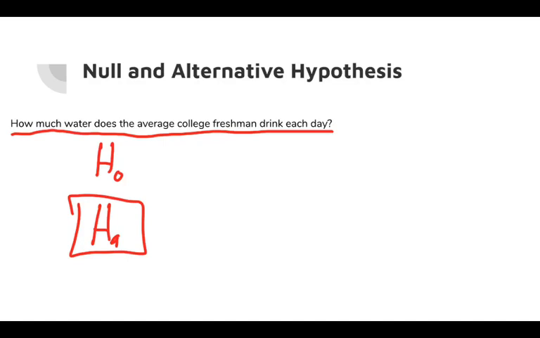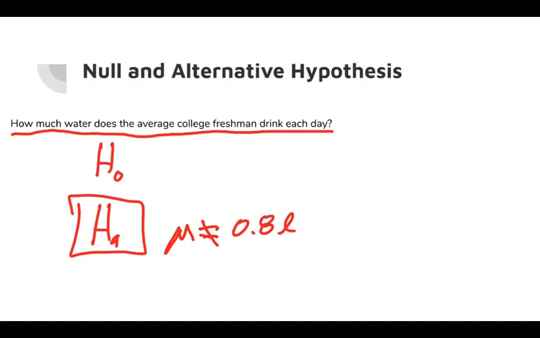So, for example, for our study, let's say that we think that the average is not 0.8 liters. We're going to say that we believe that college freshmen are not drinking 0.8 liters a day.